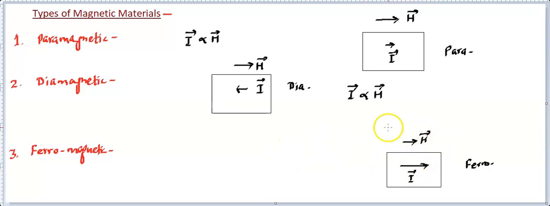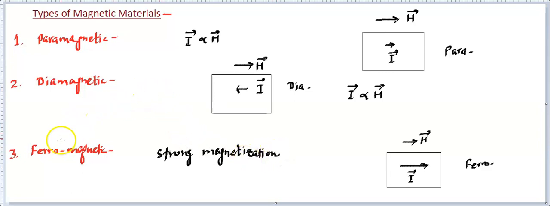Here the proportionality relation isn't valid. They follow a very different relation between these two quantities. We will see what that relation is, but we need to know that there is going to be strong magnetization. Sometimes people may ask you the difference between paramagnetic and ferromagnetic material.